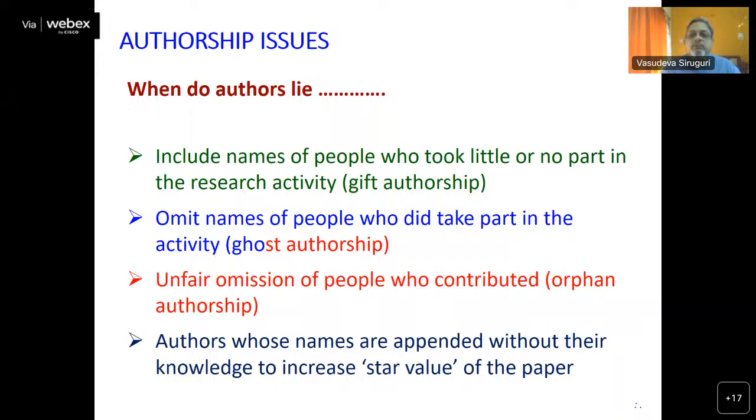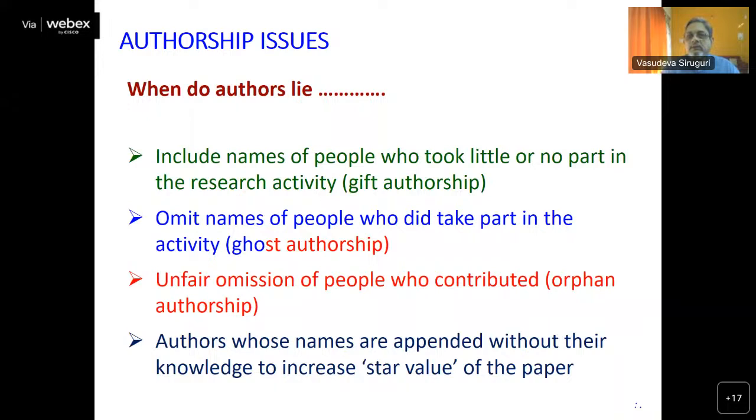Then there are people who do contribute to the research, sometimes in a big way, but they feel that if they include their name in the authorship list, there could be some other issues which are not known in the foreground. They are sometimes in the background, like certain conflicts of interest, which I talked to you about. That could prevent the publication of that manuscript.